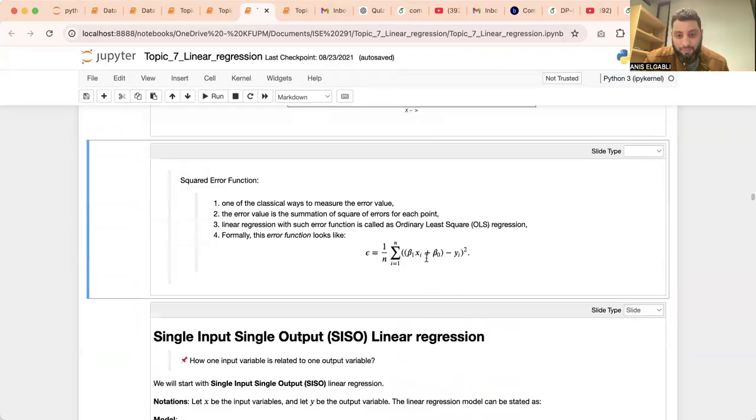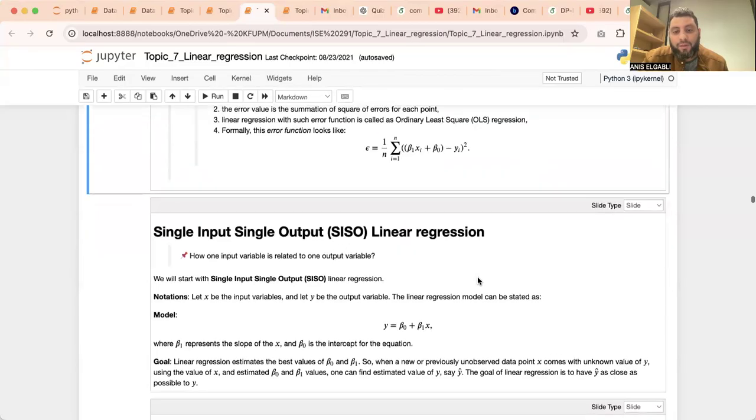Now this problem has a closed form solution. We can solve it very simply: take the partial derivative with respect to beta 0 and equate it to 0, and take the partial derivative of the error function with respect to beta 1 and equate it to 0.